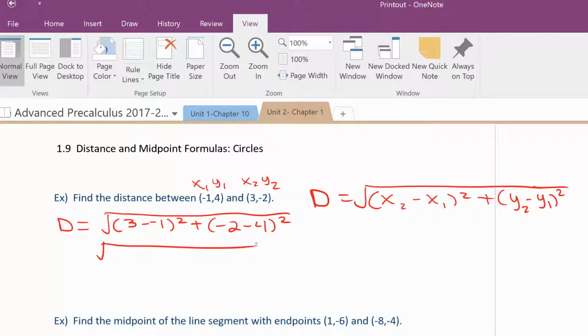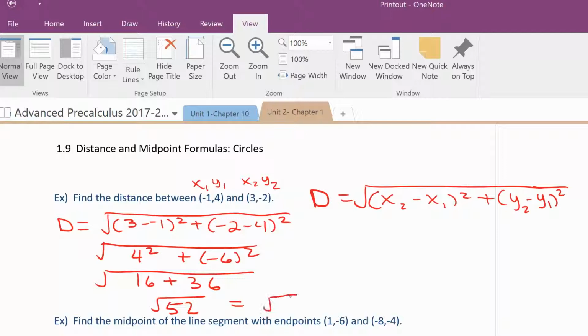So 3 minus -1 is 4 squared plus, in this case, it's -6 squared. So you get 16 plus 36, which is 52. And if I want to write this as a simplified radical, which you do, it would be the square root of 4 times 13, which would be 2 rad 13. So that's the distance formula.